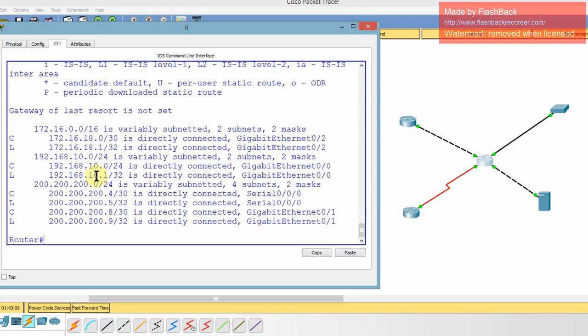And then here we have Gigabit Ethernet again, and this one is a /24, which is a full network, so I would say that this would go to a switch. Then on this line here, this one's on a serial line, so a router, /30.